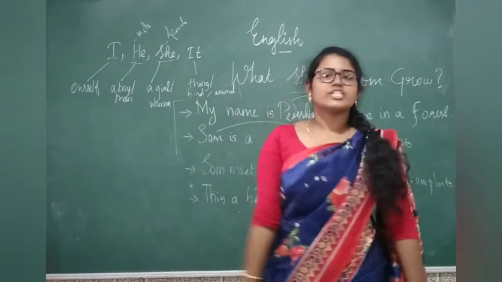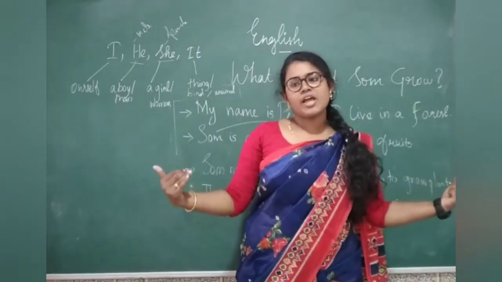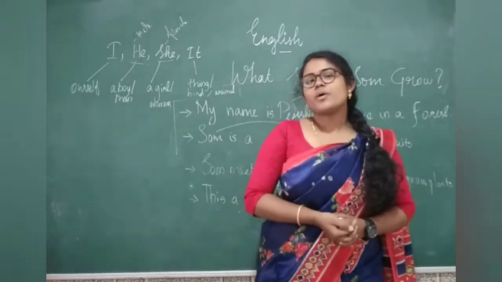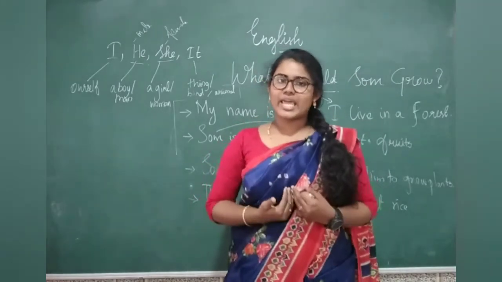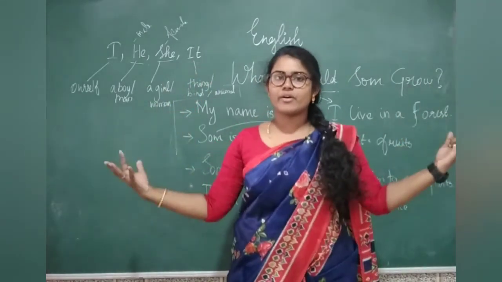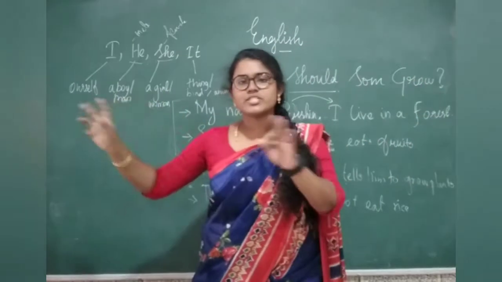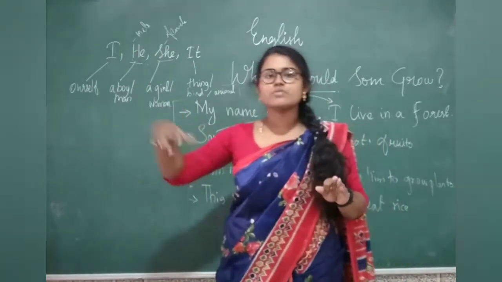Then "it." If I'm talking about my favorite thing, for example my teddy bear, I first say that my favorite thing is teddy bear. Next, I will not keep saying teddy bear. I'll use "it is," "it was."